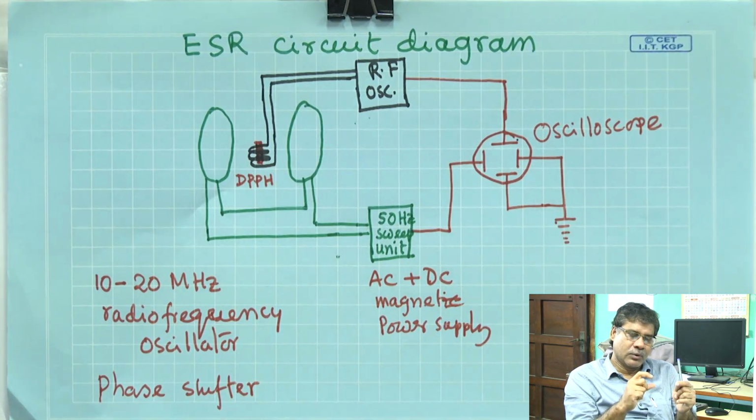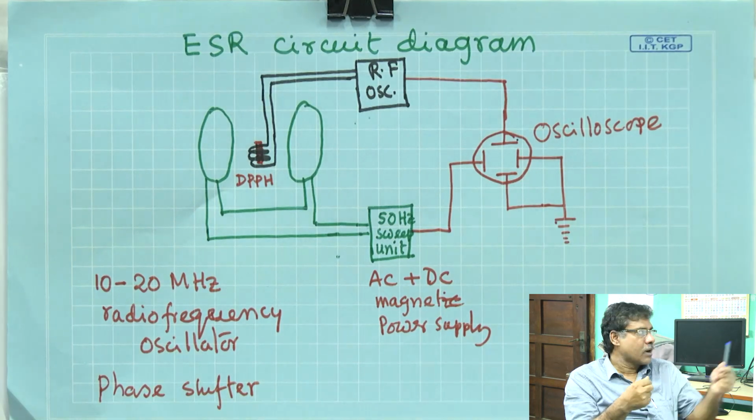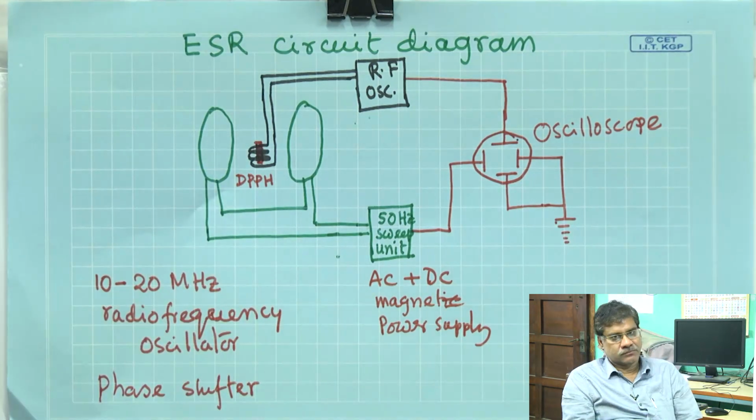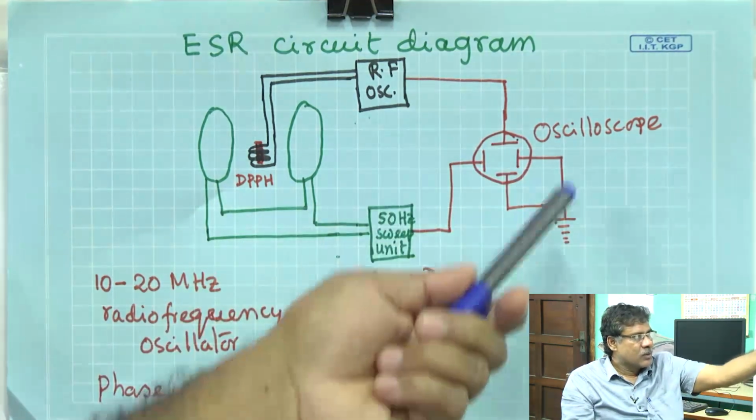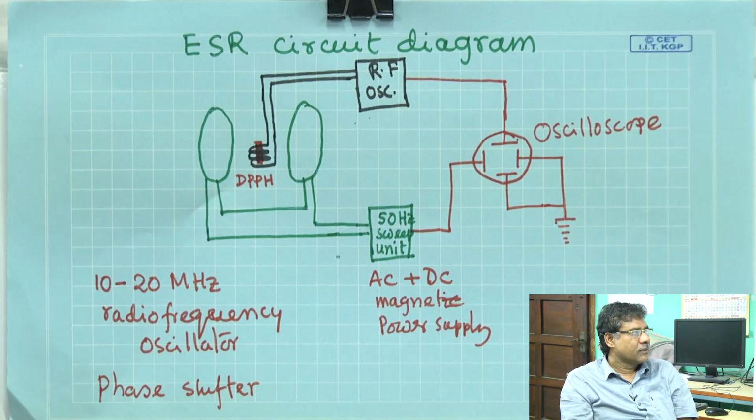To get that condition, one of them has to be variable, and when they are equal, the resonance condition will occur, and that resonance condition will be observed in an oscilloscope.